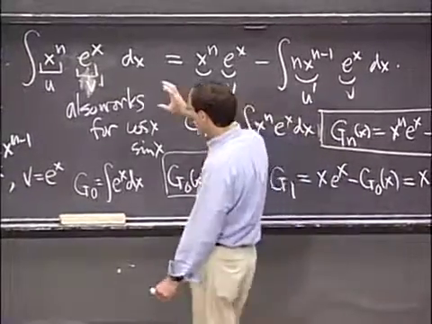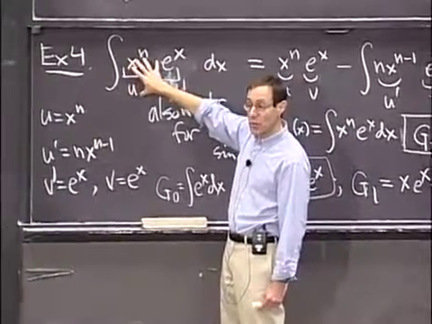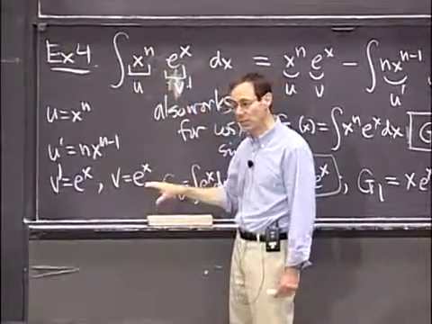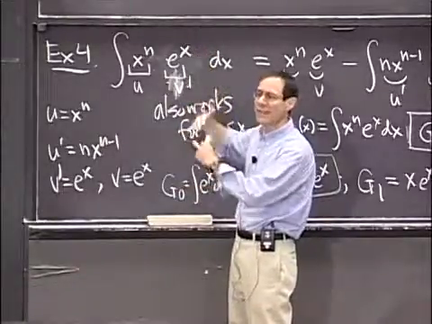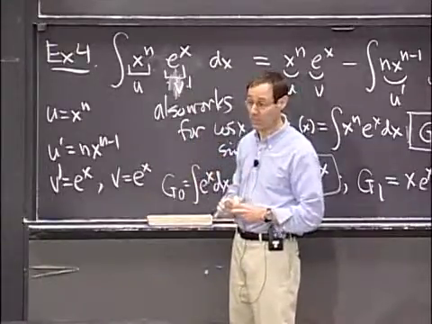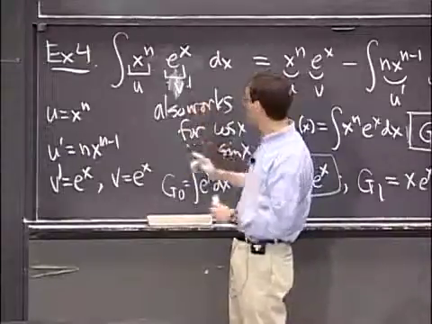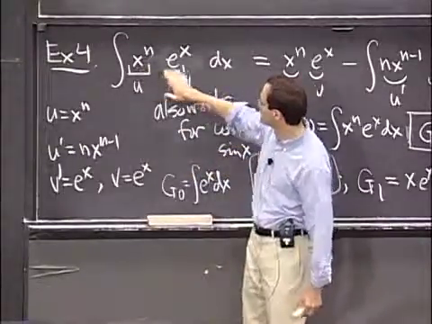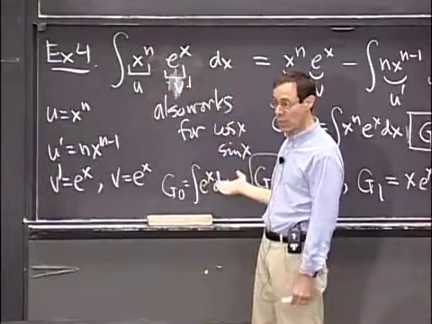The other hint that I want to say is that if you find that you have one factor in your expression which when you differentiate it, it gets easier, and when you anti-differentiate the other half, it doesn't get any worse, then that's when this method has a chance of helping. And there's no general thing. The thing is, though, if you do it with x to the n e to the x, x to the n cosine x, x to the n sine x, those are examples where it works.